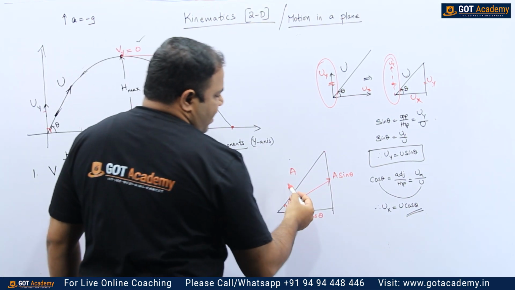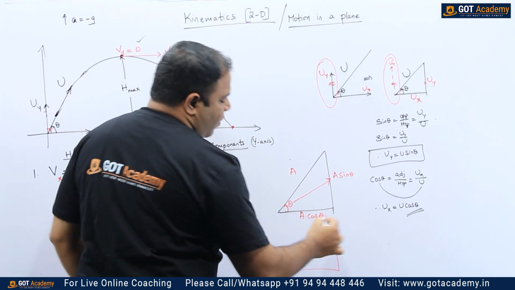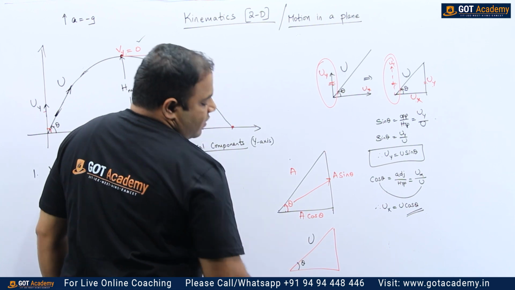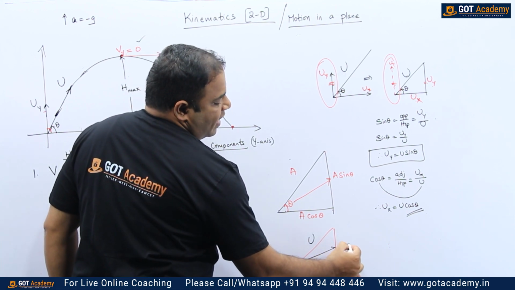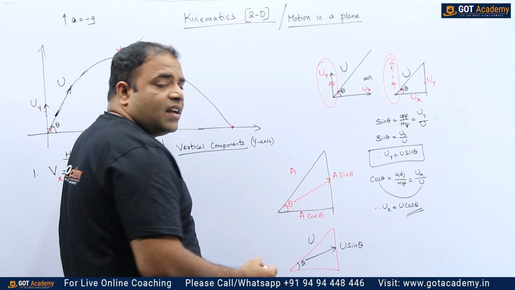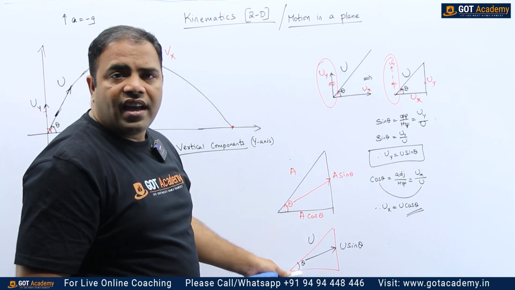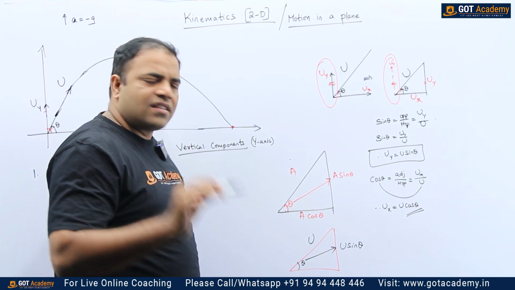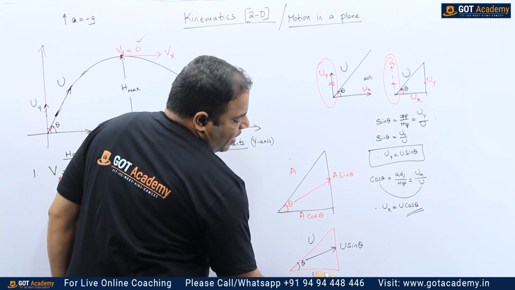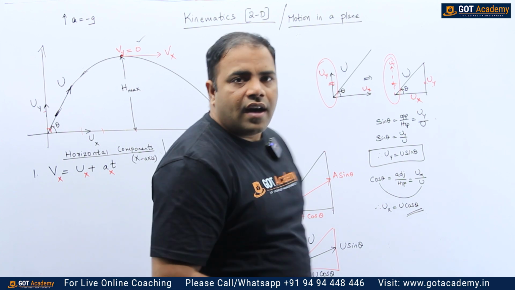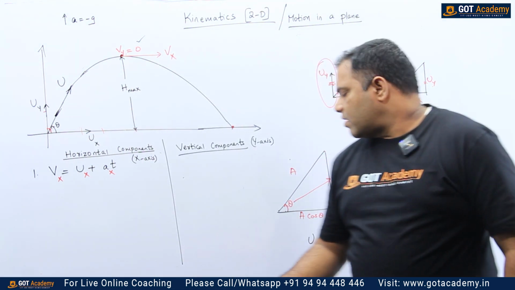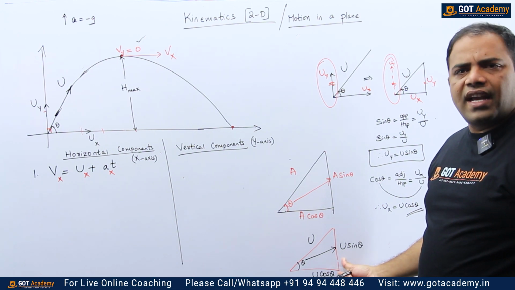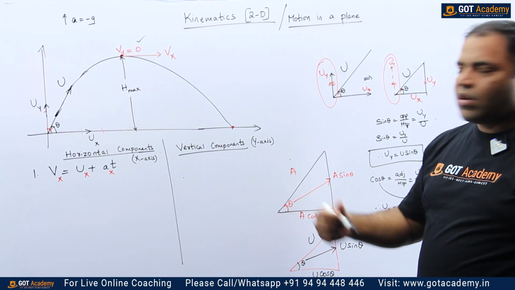Here you have taken u, making an angle theta. So this is opposite to theta. So directly take sin theta. Whenever the side is opposite to the angle, you have to take it as sin only. Wherever you want, you can use it. No doubt in that. And here the remaining part will be cos theta. Understood? Is it clear? So the side that is opposite to an angle theta can be taken as sin theta or sin component. The remaining one is cos component.